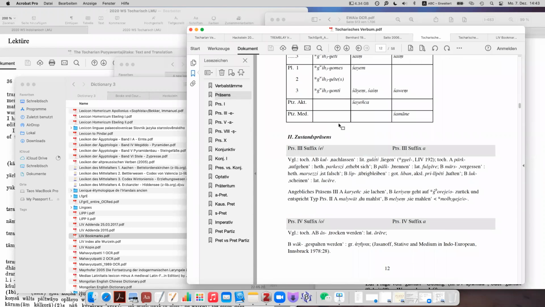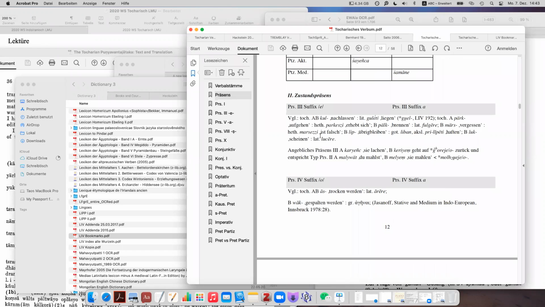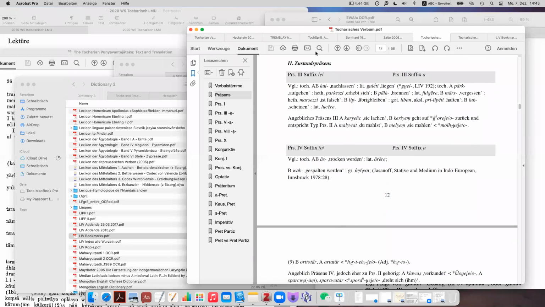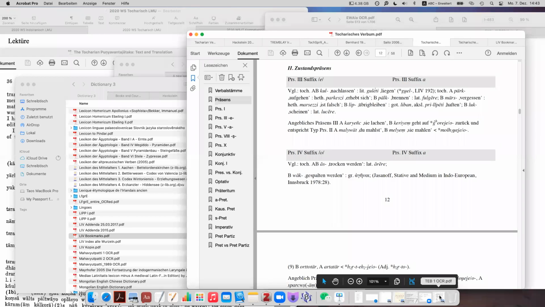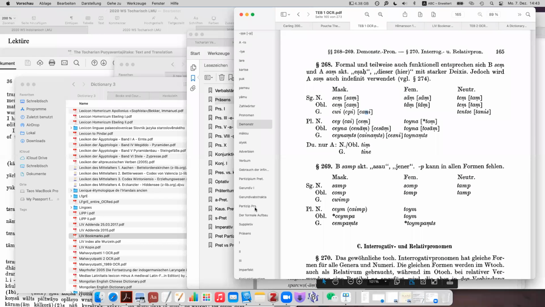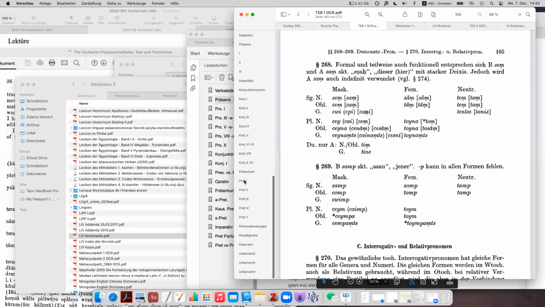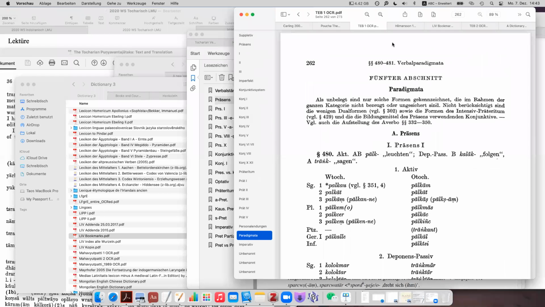And then for the third and fourth class, they are actually called the Zustand presents because they always express a state. So it's always used in the middle. If we check the paradigms, you will find it here.